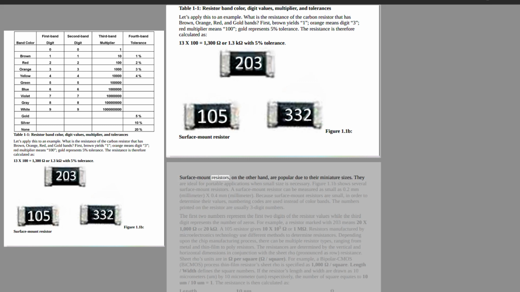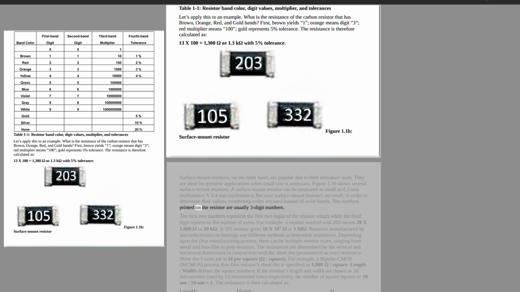Surface mount resistors, on the other hand, are popular due to their miniature sizes. They are ideal for portable applications when small size is necessary. Figure 1.1b shows several surface mount resistors. A surface mount resistor can be measured as small as 0.2 mm, millimeter, x 0.4 mm, millimeter. Because surface mount resistors are small, in order to determine their values, numbering codes are used instead of color bands.